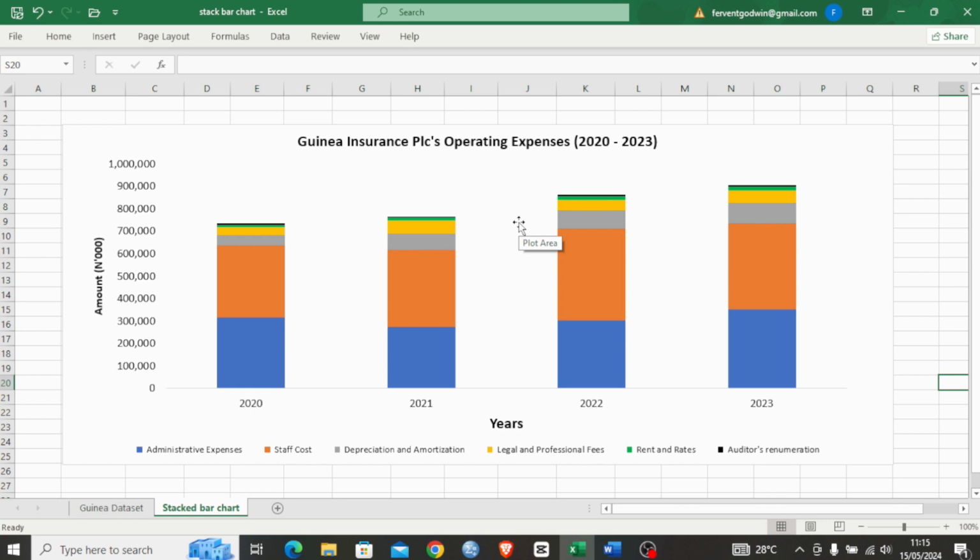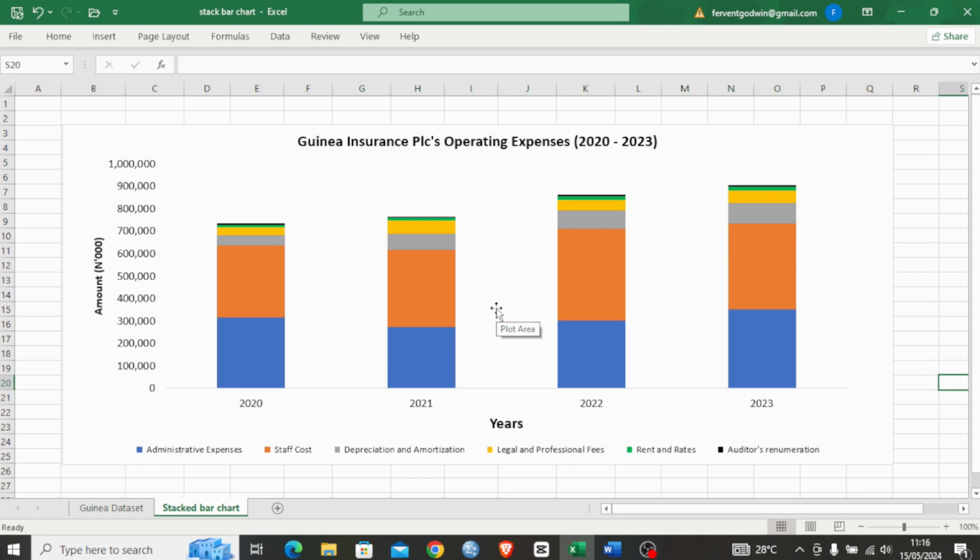So these operational expenses give a lens into how efficient a company actually is, in their management of resources and all that. So that's that about that.